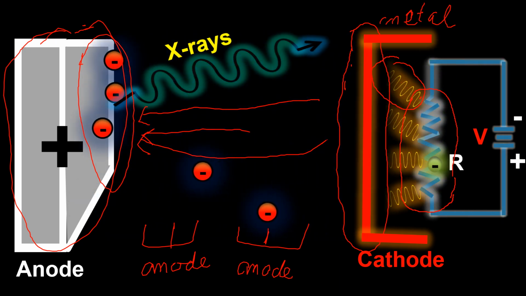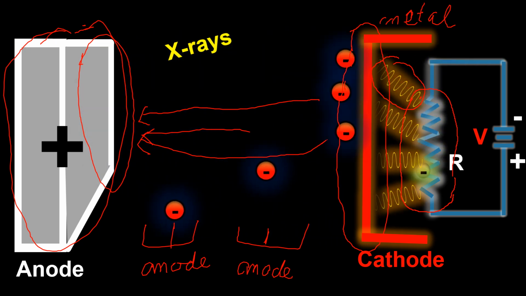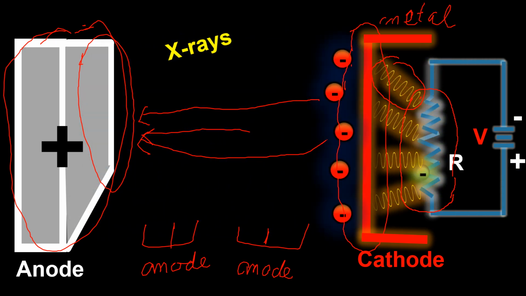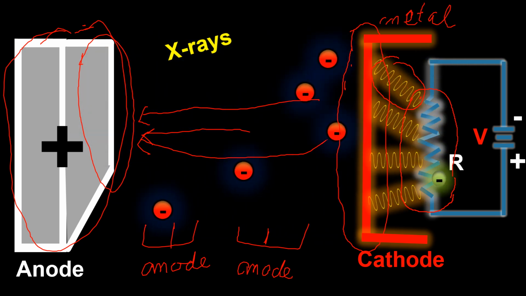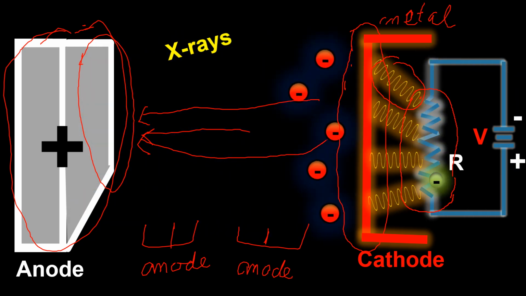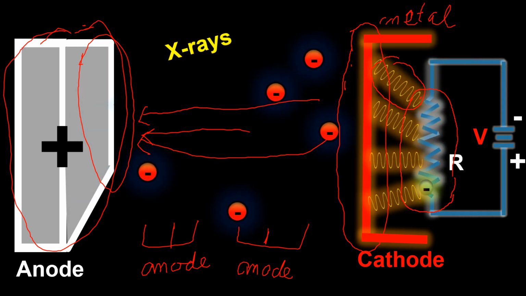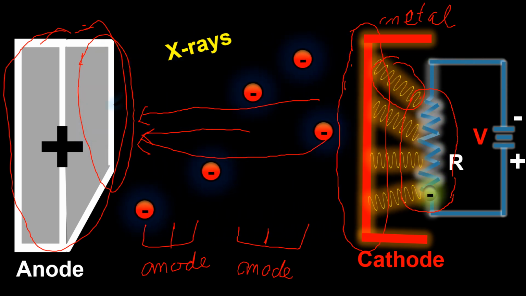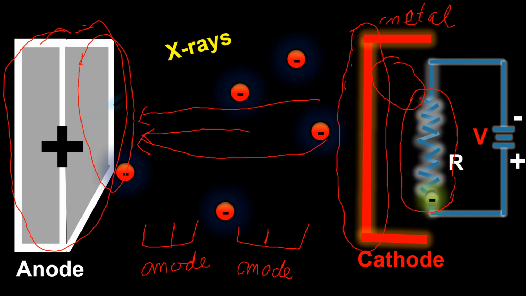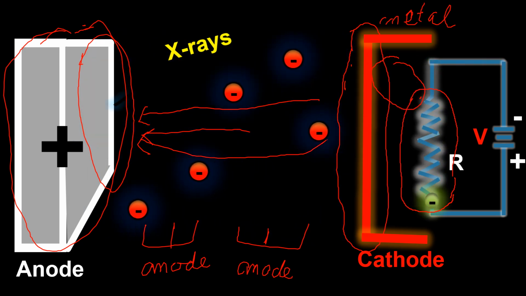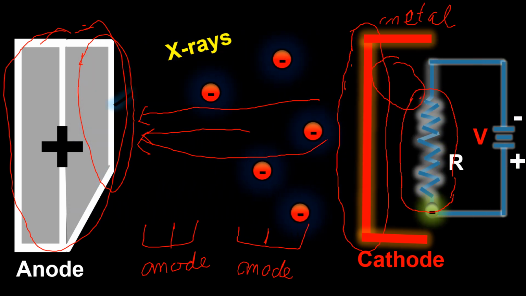The cathode is metallic and it is made of a metal which can easily emit a stream of electrons. The filament provides heat, and that heat is transferred onto the cathode material, and when the cathode material gets hot, it results in the emission of a stream of electrons.